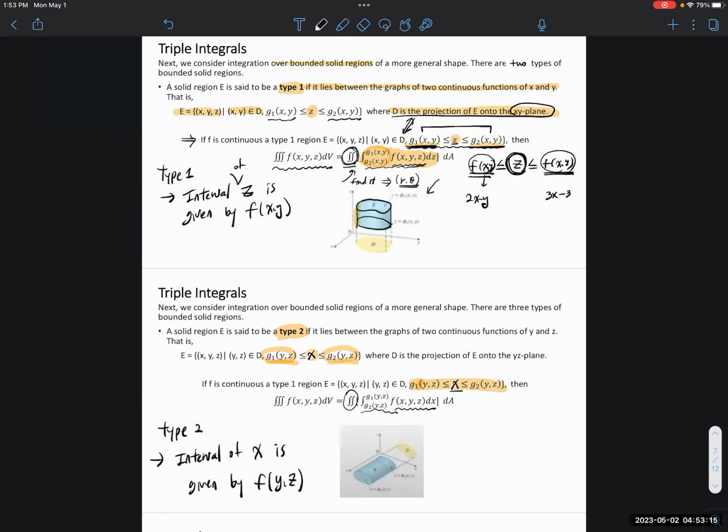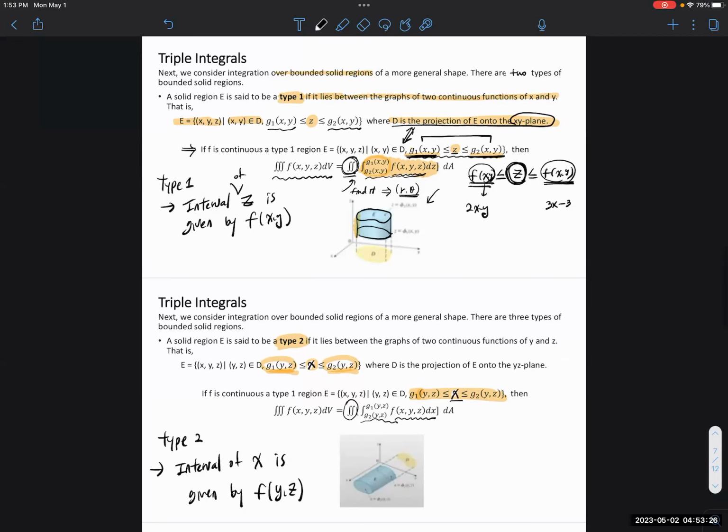If the z interval is given, go to z first. If the x interval is given, take the integral with respect to x first. Anyway, I just tried to explain it the easier way, but let's really do the question, so maybe we have a better understanding of what is going on. If you guys are okay, I'm going to go down slowly.